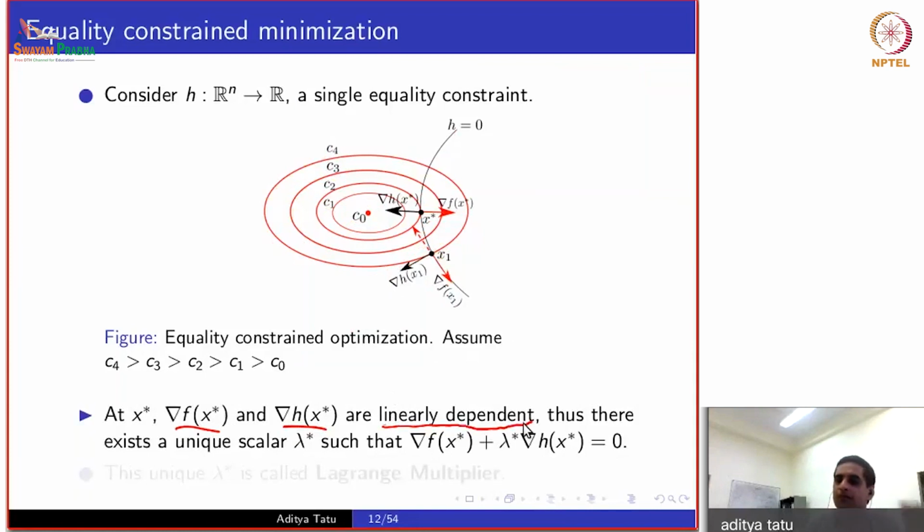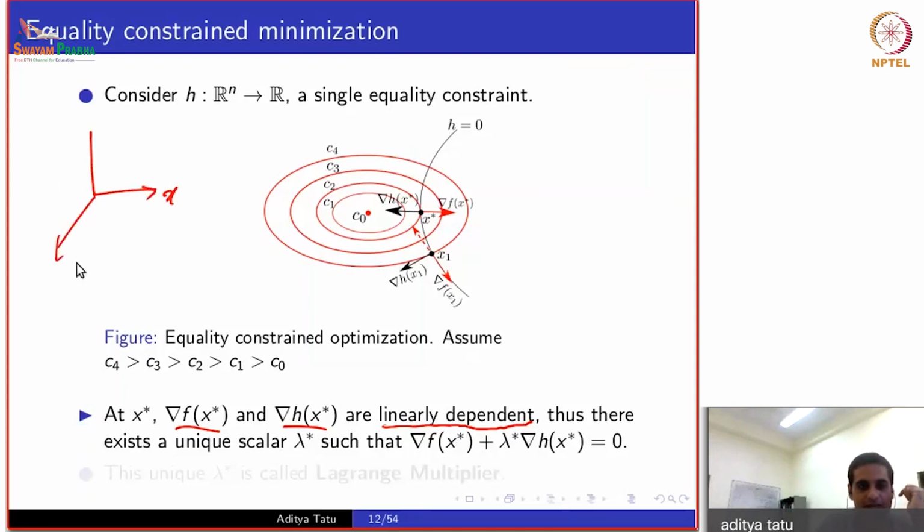Sir, so basically what we're doing is for a single value of the cost function, we're looking at multiple values in the level surface of the function f, right? And we are trying to find the minimum most value of f. Exactly.